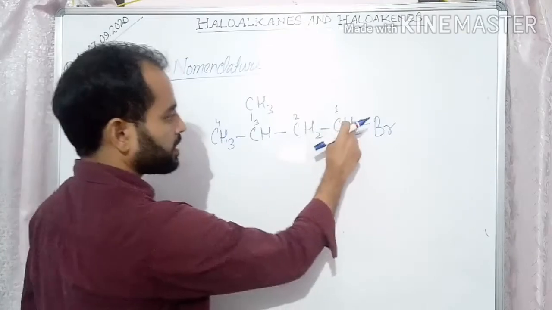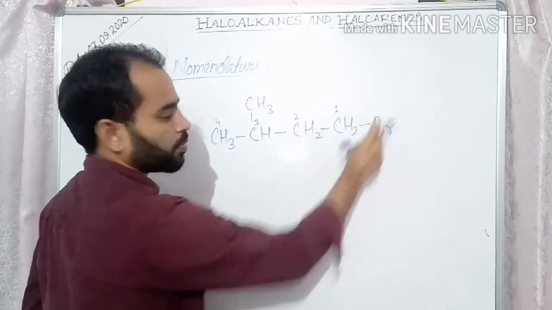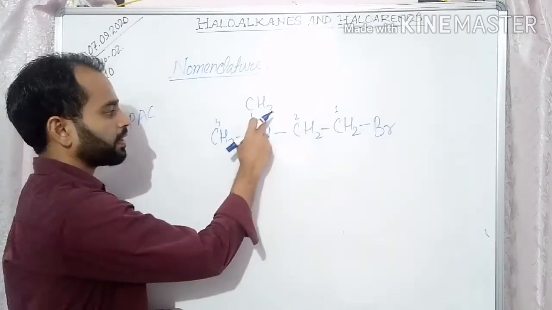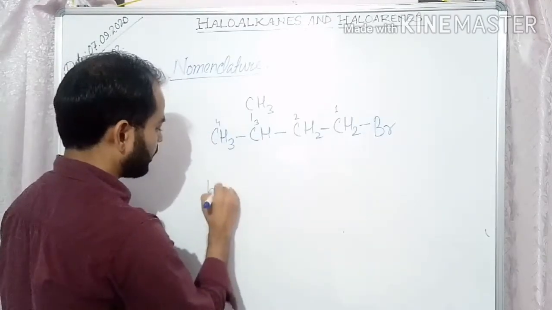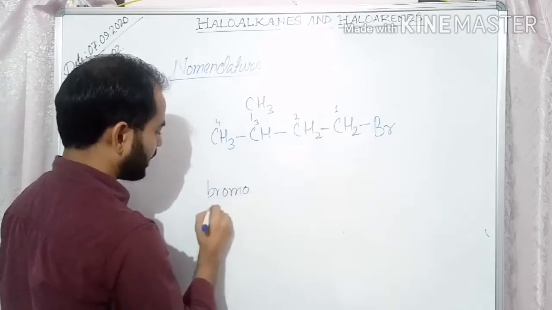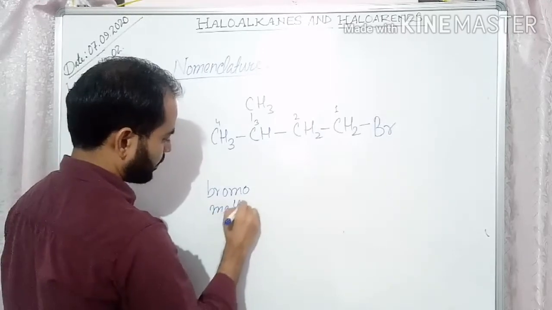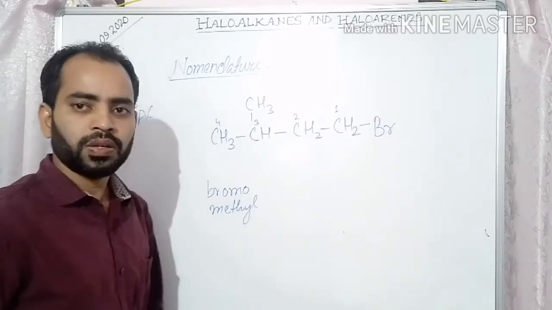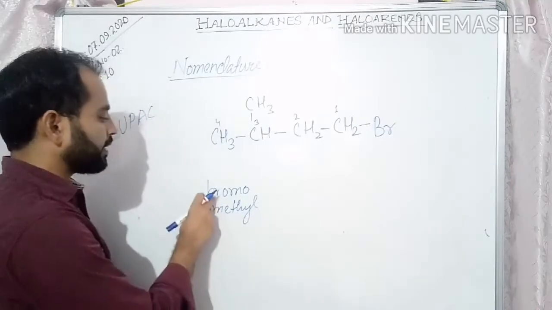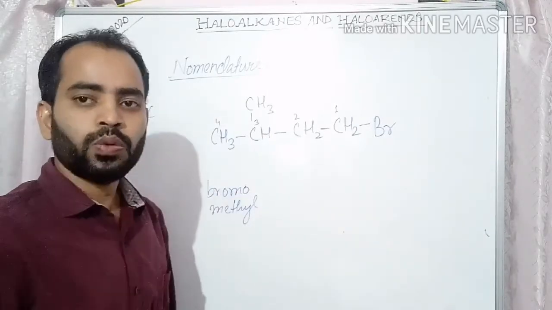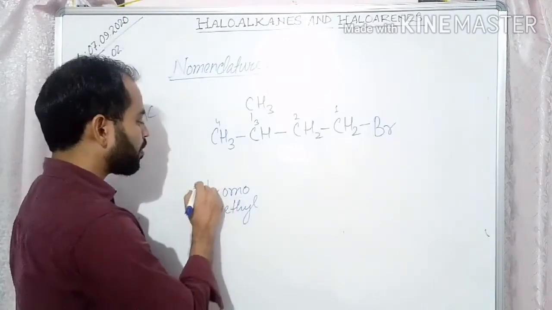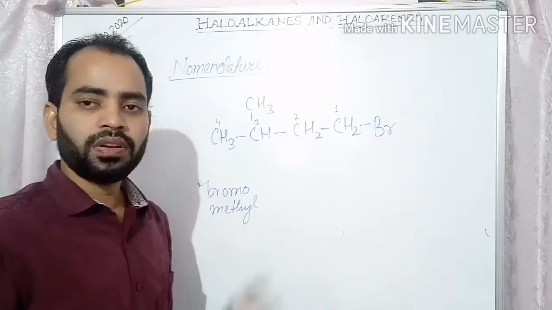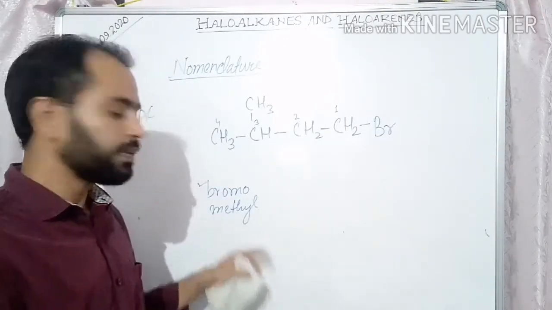So that means at the first position there is a bromo group, and at the third position there is a methyl group. While writing, we have to consider it alphabetically. So alphabetically bromo comes first, so we'll write it first and then we'll write methyl.